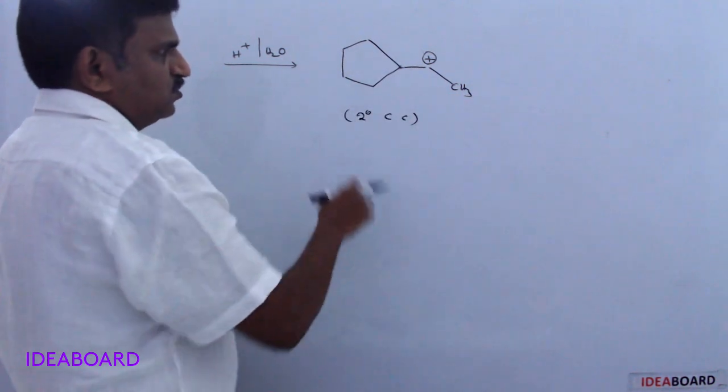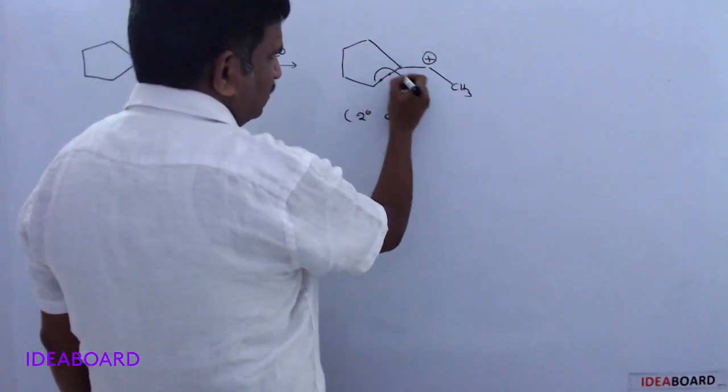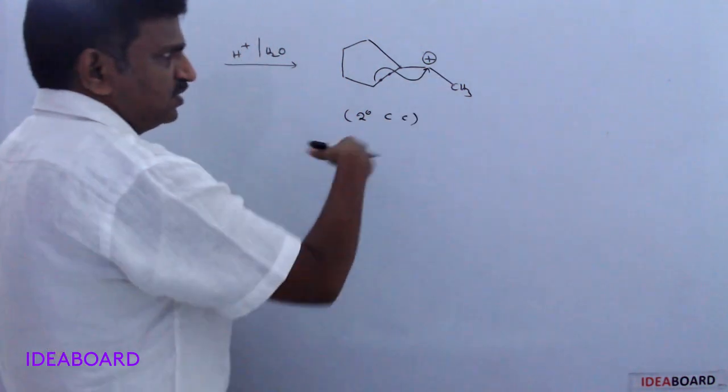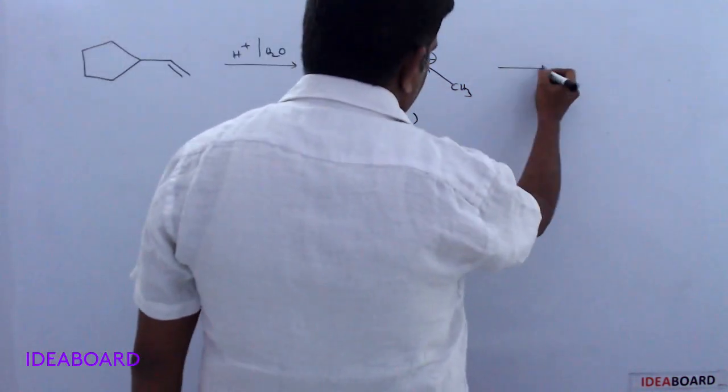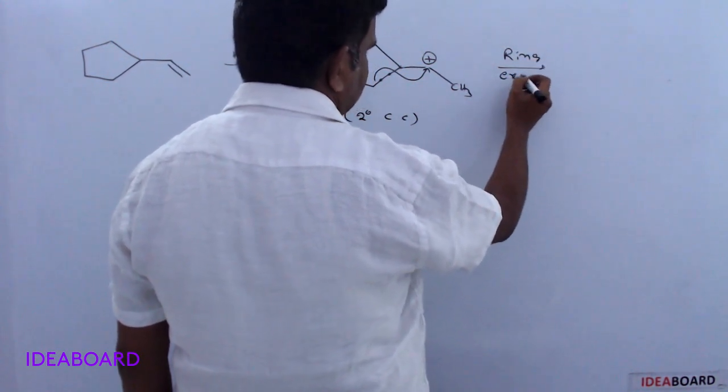By the ring expansion process, if you shift this carbon to this one, then we will get a six-membered ring. So first ring expansion, then we will do the hydride shift.